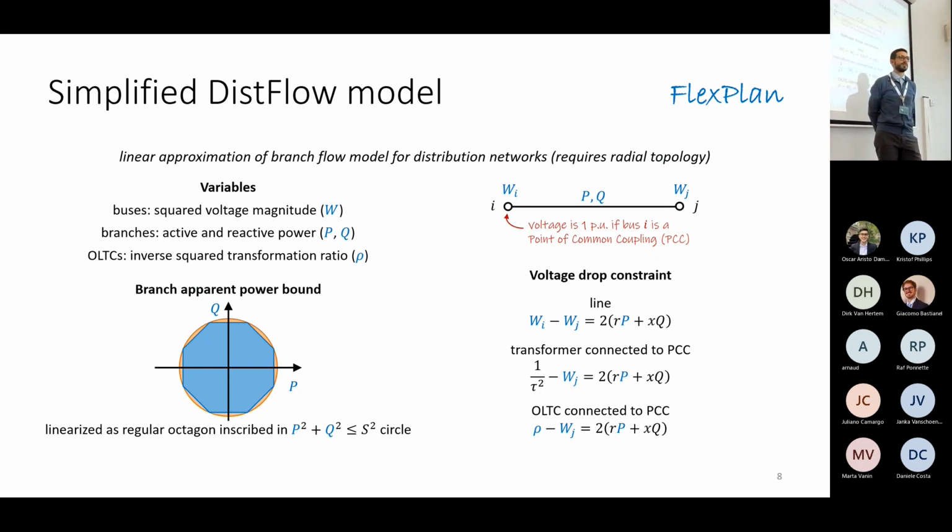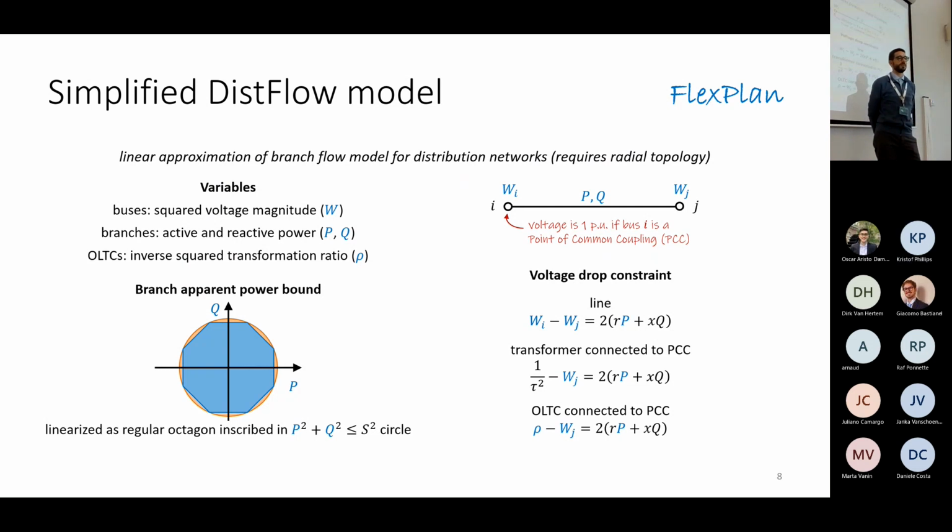This model exists since 20, 30 years, so nothing new even in this case. But we needed a model that would consider both active and reactive power in distribution networks, and there's also the square voltage magnitude. This is a very common power flow model in literature.